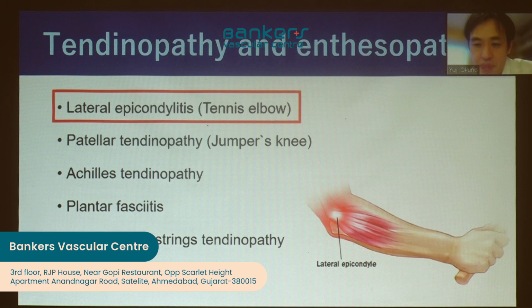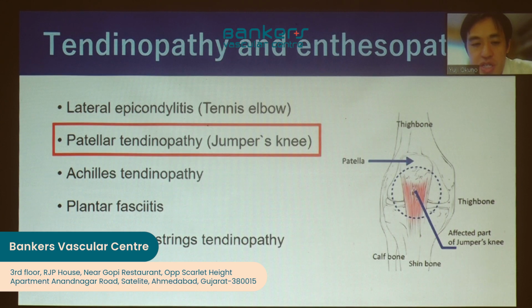Tennis elbow is a very common cause of elbow pain. There are lots of patients who do not have good results from conservative treatment like steroid injection, PRP injection, or rehabilitation.